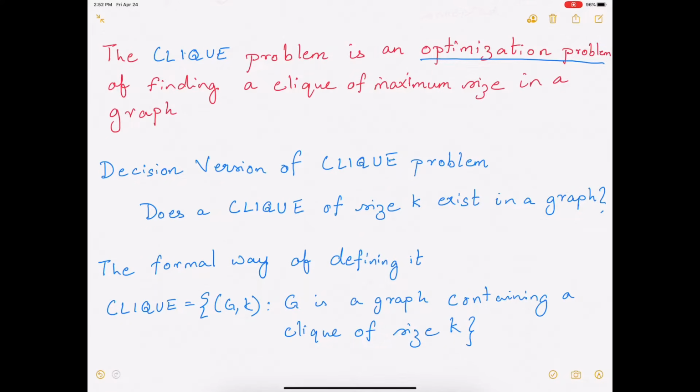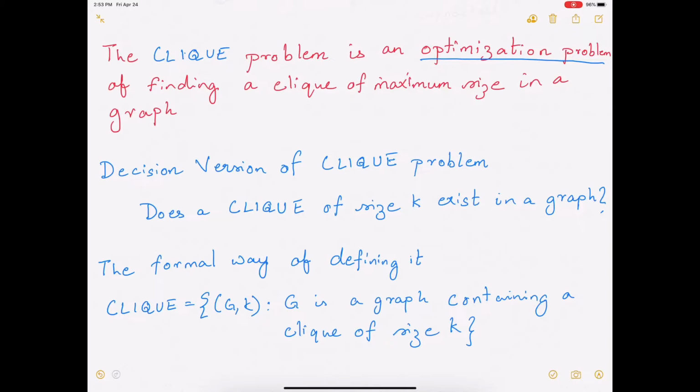Okay. So the formal way of defining it is in this way. CLIQUE is the set of pairs G comma K, where G is the graph containing a clique of size K. That's the formal way of defining the decision version of the clique problem. So what have we looked at so far? We looked at 3-CNF SAT, which was our known NP-complete problem, and we talked about clique.